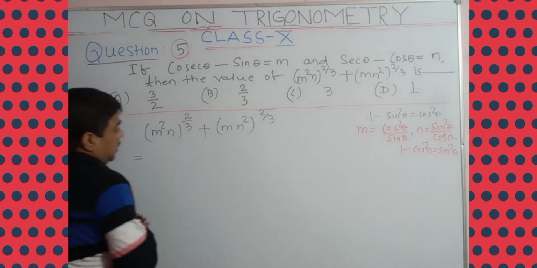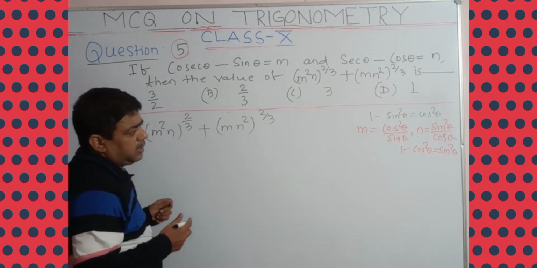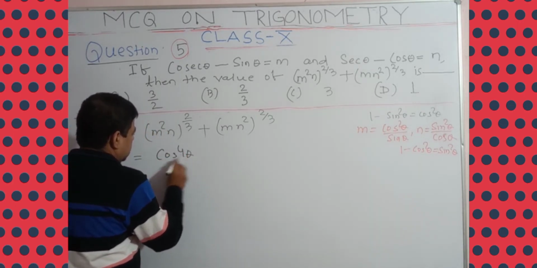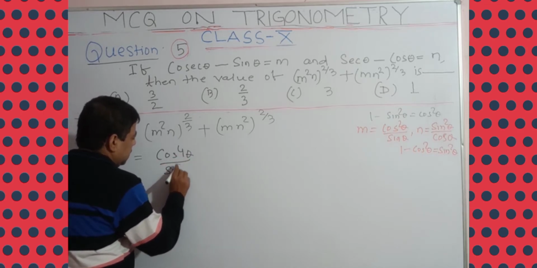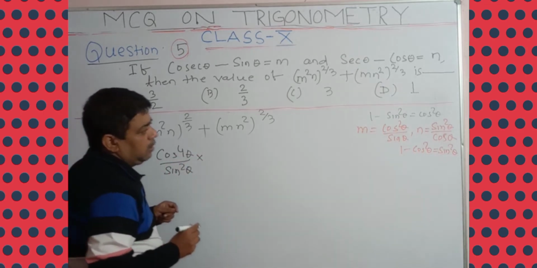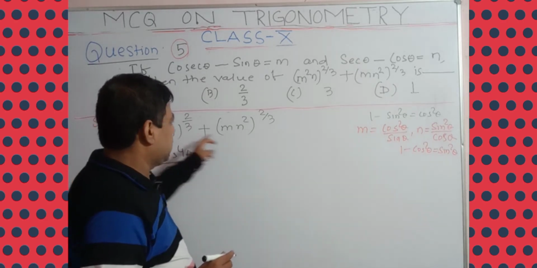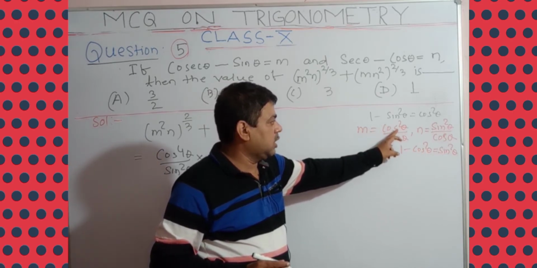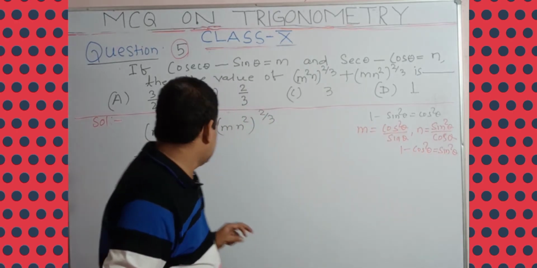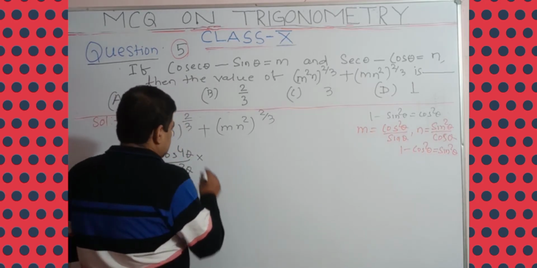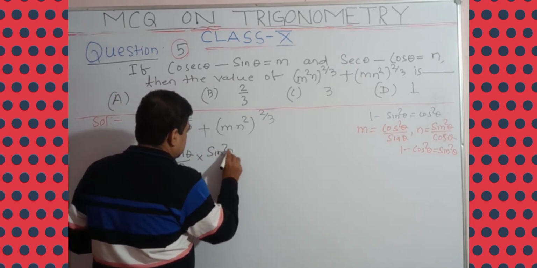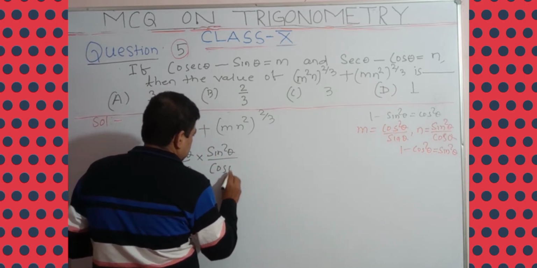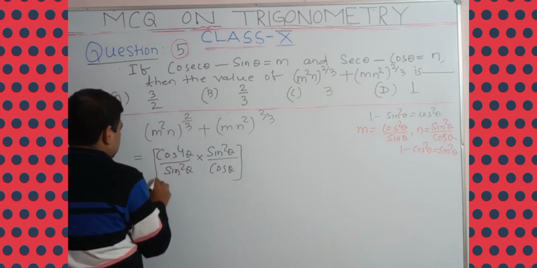Okay, so m square, here m means cos square theta by sin theta, so m square will be cos to the power 4 theta by sin square theta, into the value of n, which is sin square theta divided by cos theta, whole to the power 2 upon 3.